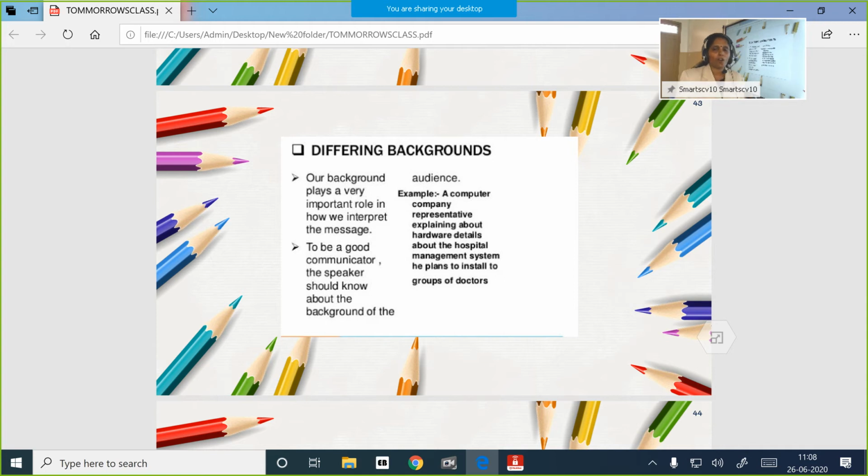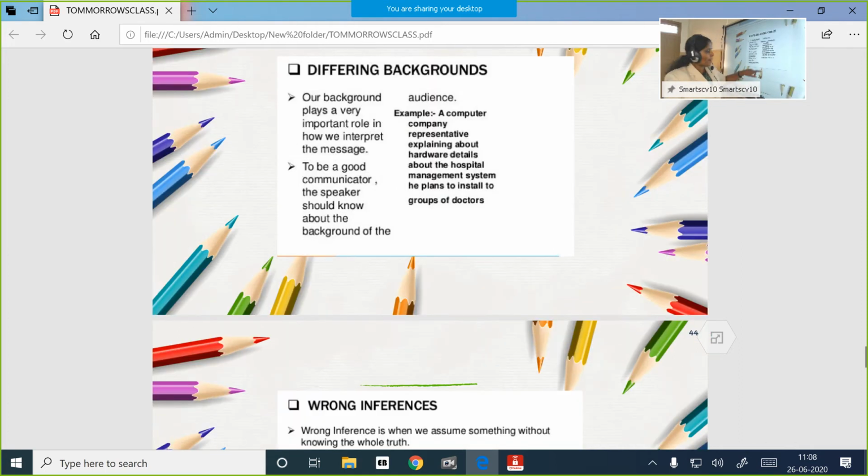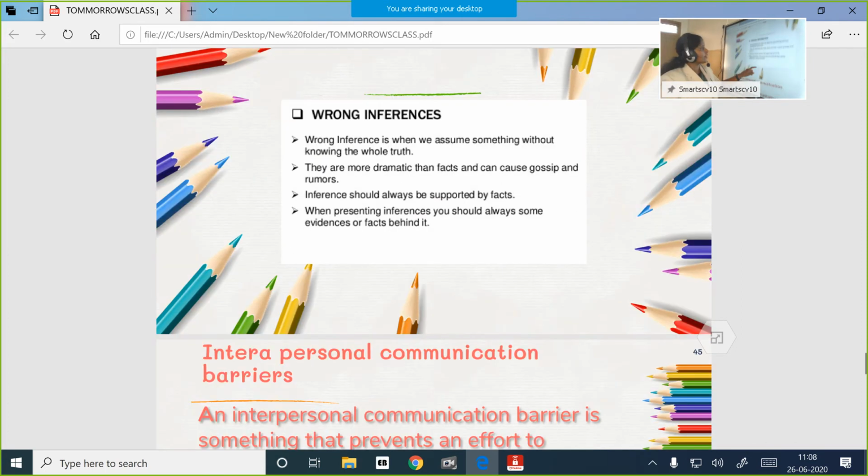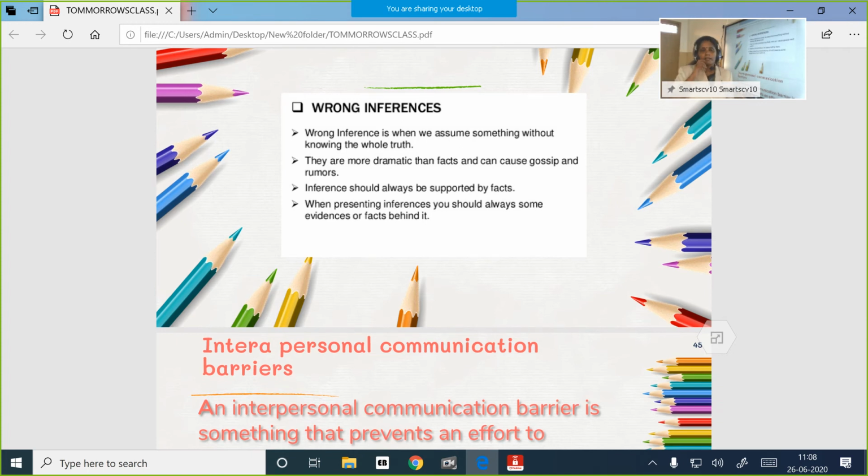In the same way, if the doctors tell them this is the name of the disease and this is the medicine you have to take, we won't understand also. So that is the case. This all differs by background, and then wrong inference, as I told you earlier. This intrapersonal communication barrier is mostly caused because of wrong inference also.